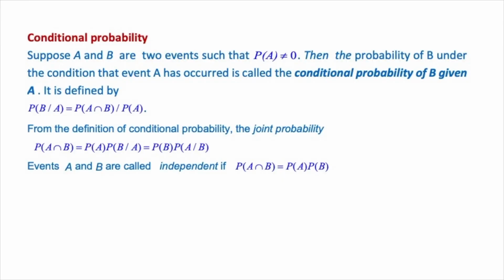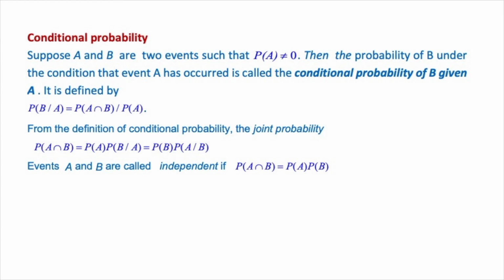Suppose A and B are two events such that P(A) is not equal to 0. Then the probability of B under the condition that event A has occurred is called the conditional probability of B given A. So, it is defined by P(B given A) is equal to P(A intersection B) divided by P(A).